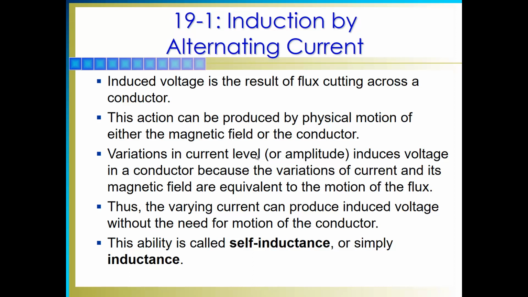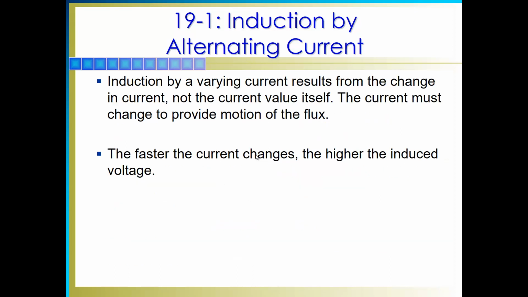This ability is called self-inductance, or simply inductance. Induction by varying current results from the change in current, not the current value itself. The current must change to provide motion of the flux. And the faster the current changes, the higher the induced voltage.